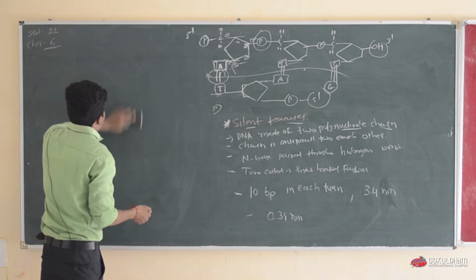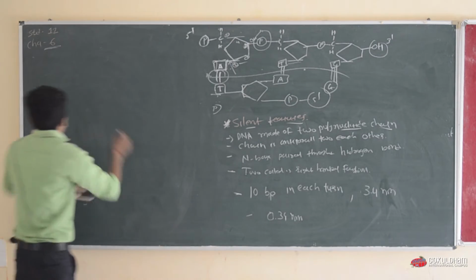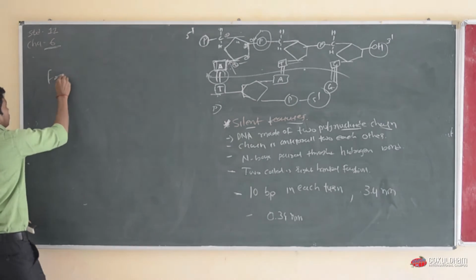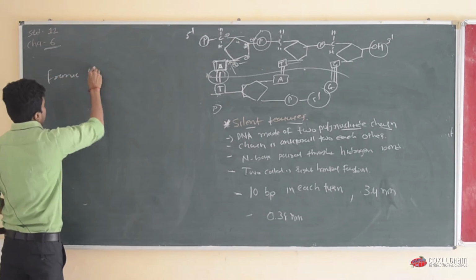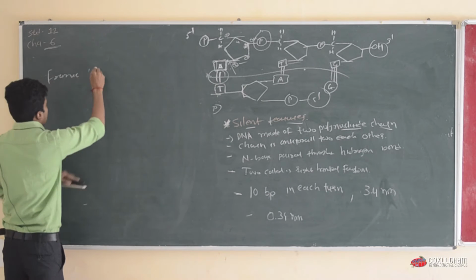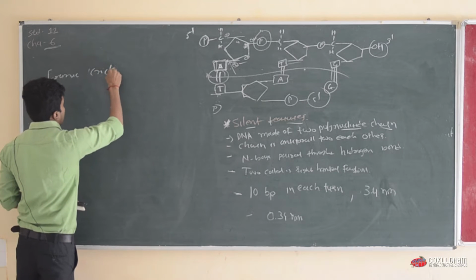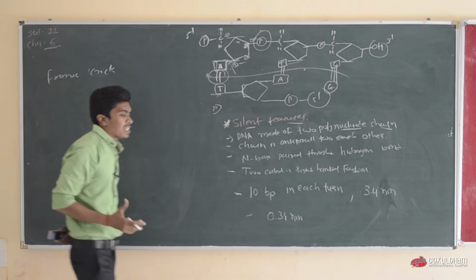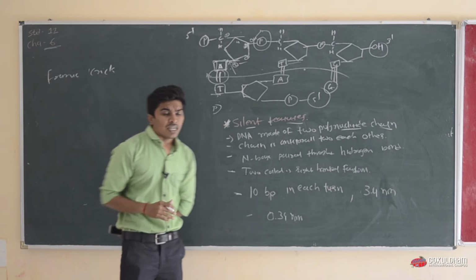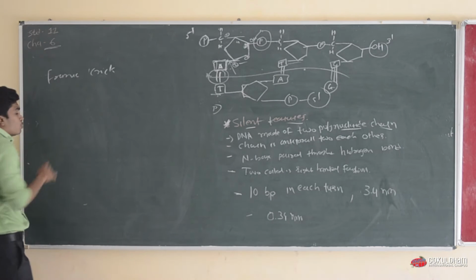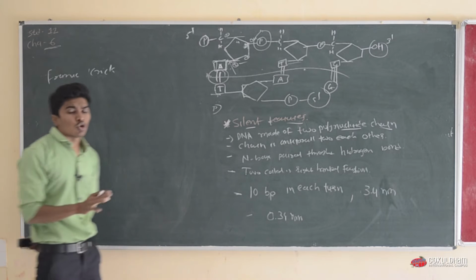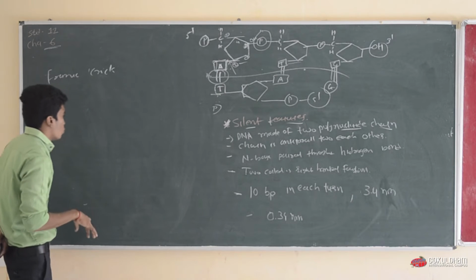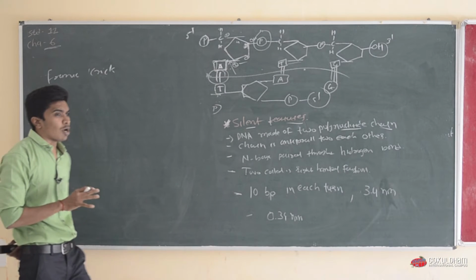Francis Crick also suggested how DNA is expressed in a cell, by the process called the central dogma of molecular biology. So what is the central dogma of molecular biology?